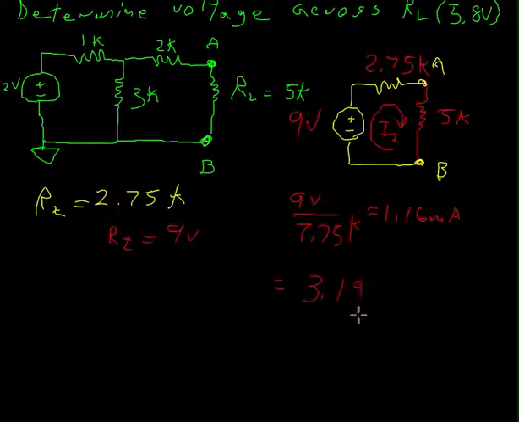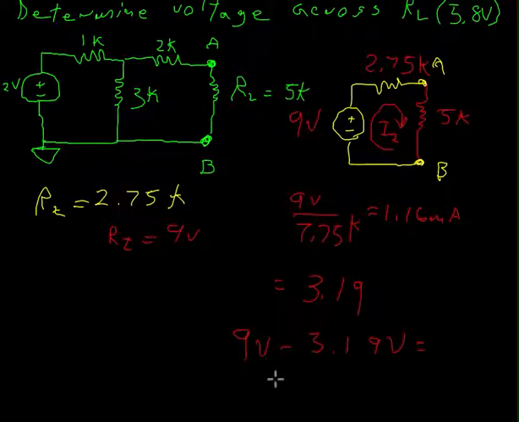3.19. We subtract that quantity from the 9 volts that we originally had, and the difference is going to tell us what the voltage across the 5K resistor is. Of course I've forgotten to do this one in advance, so pardon me for half a second.